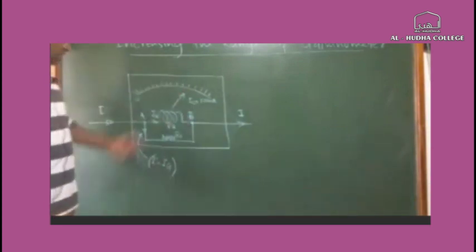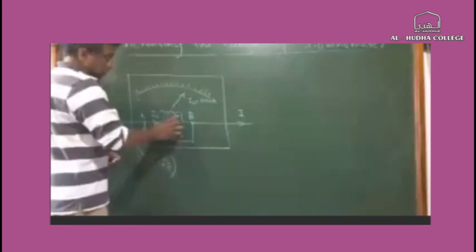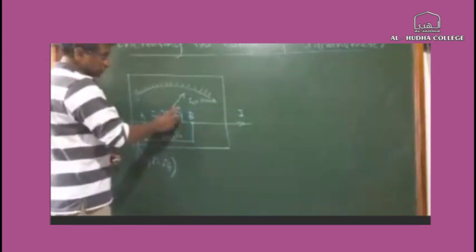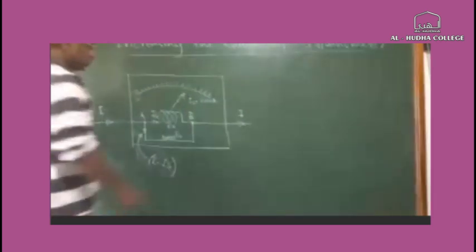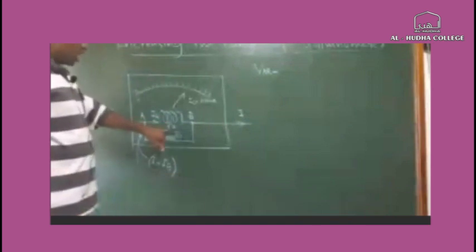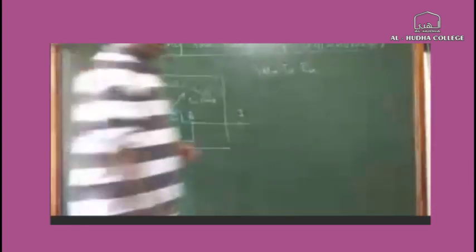Now we can write Ohm's law for this Rg and Rs, right? So if you calculate VAB, the voltage across terminals A and B, for the galvanometer it is Ig into Rg, and for the shunt resistor, the same voltage.